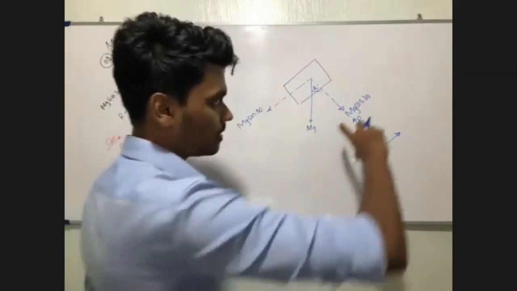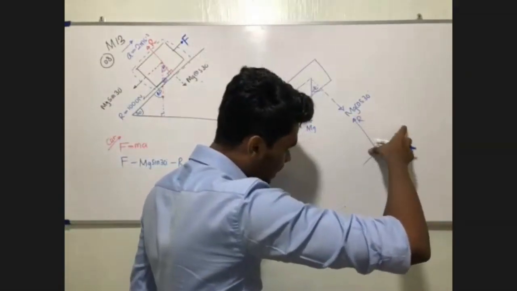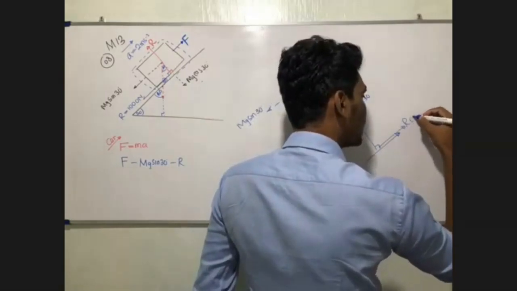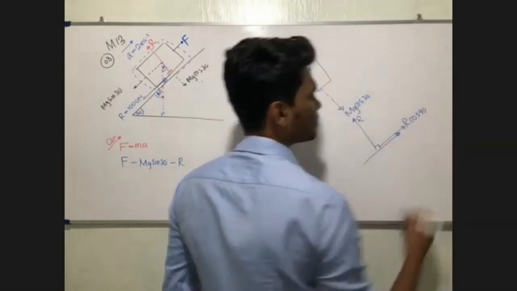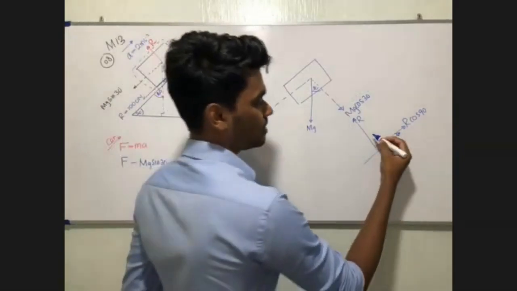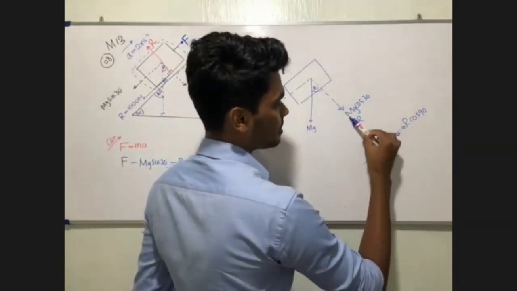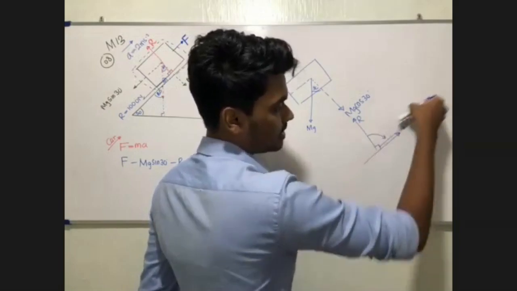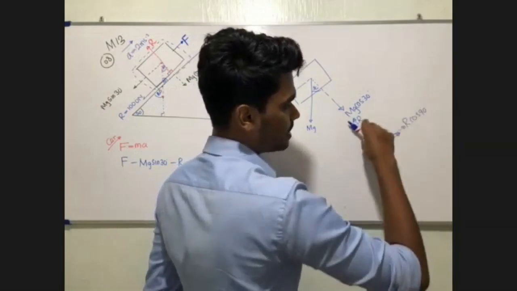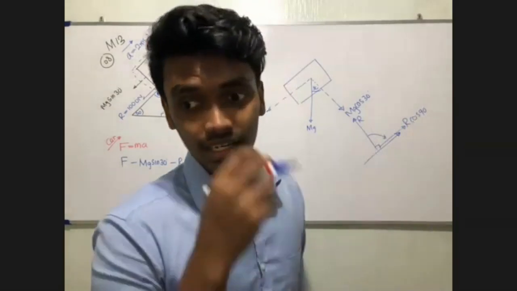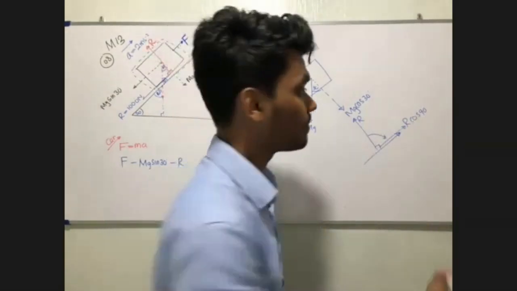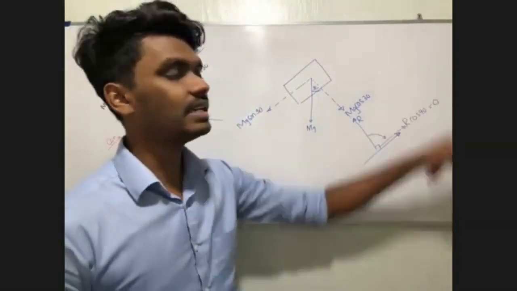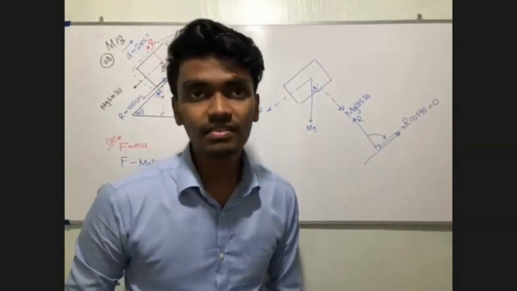So, if you resolve this R in the direction where we apply F equals ma, it is going to be R cos 90. R cos 90 is 0.